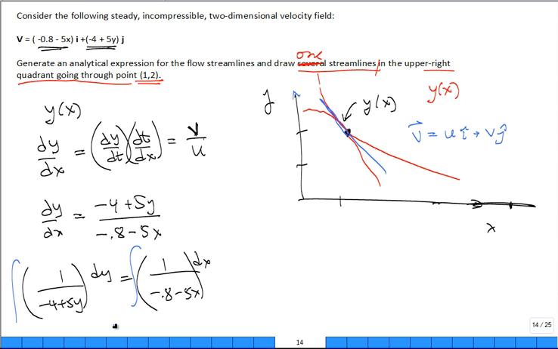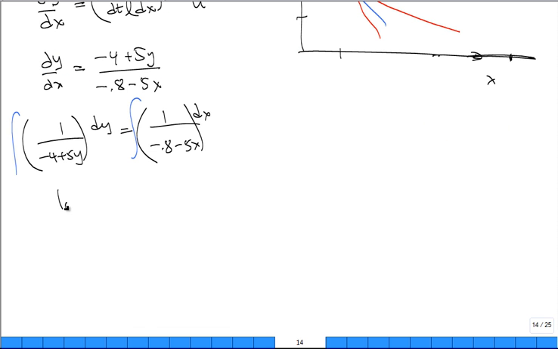Natural log. You're very good. So we get the natural log. It'll be 0.2, or 1/5, the natural log of 5y minus 4 on the left-hand side. On the right-hand side, it'll be negative 0.2 natural log of 25x plus 4, and you have a constant of integration. That constant of integration will continue to get morphed.